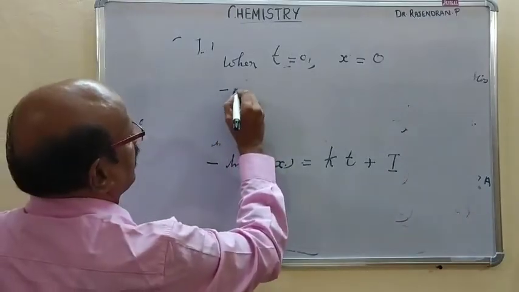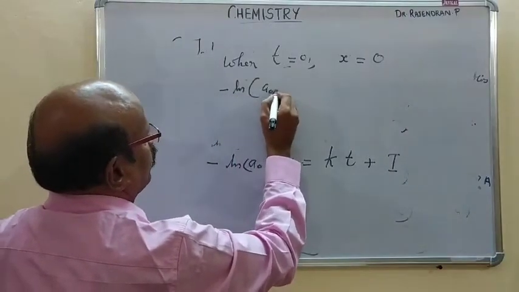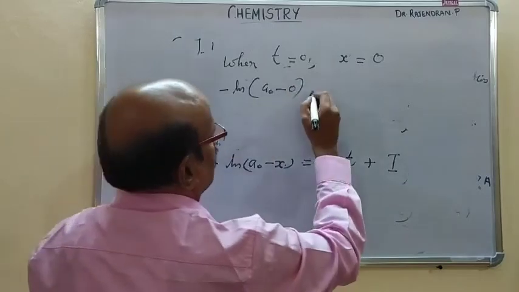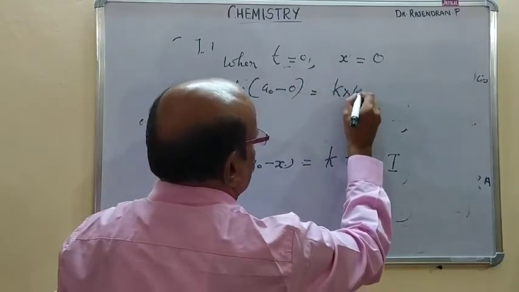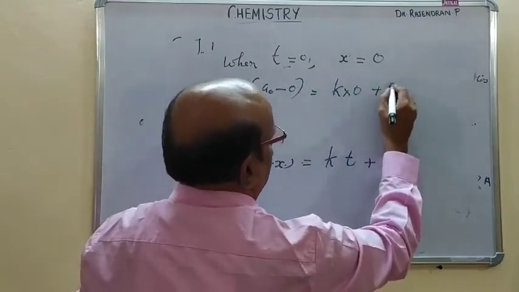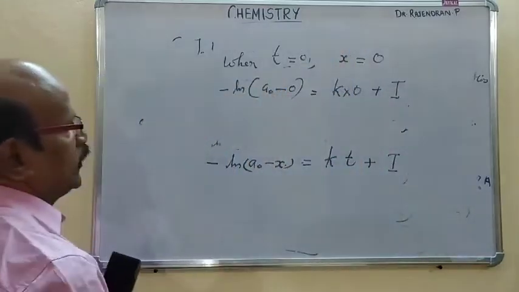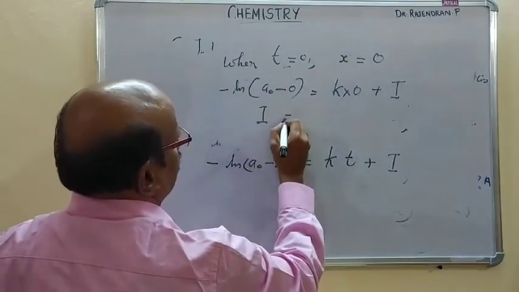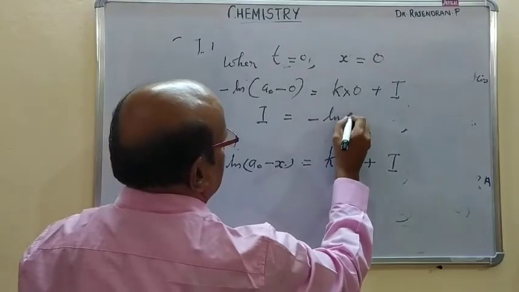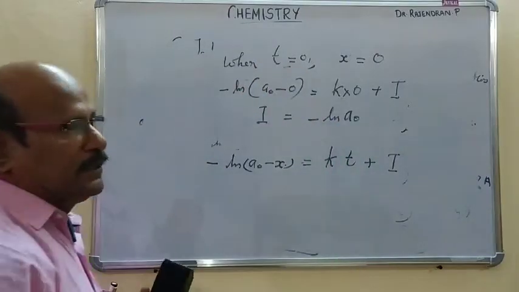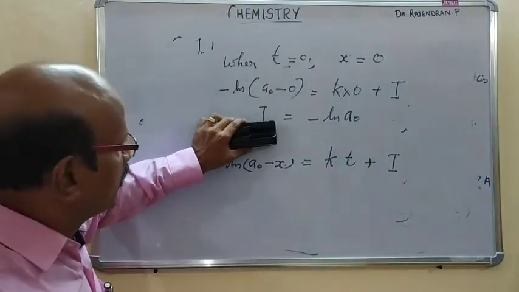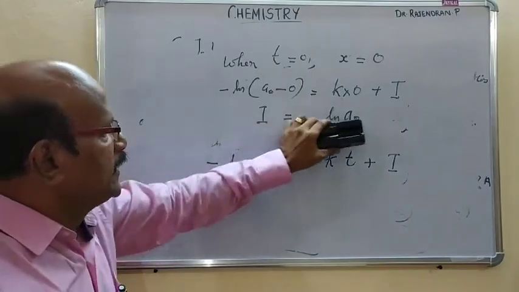So we have minus ln A0 minus 0 is equal to k into 0 plus I. Therefore, I becomes equal to minus ln A0. So now we got the value of I, that is minus ln A0.